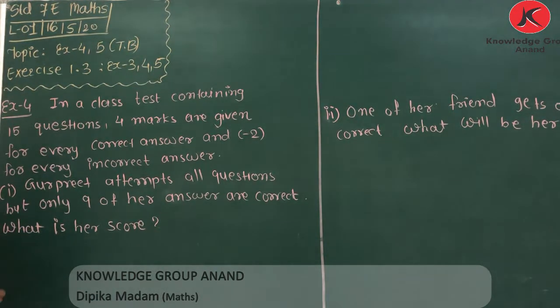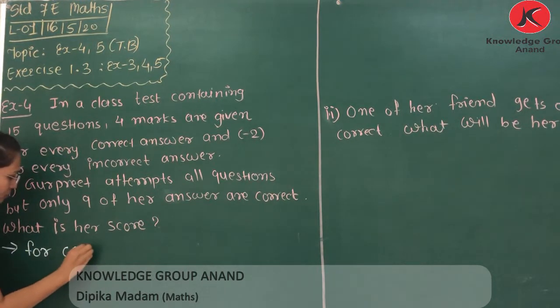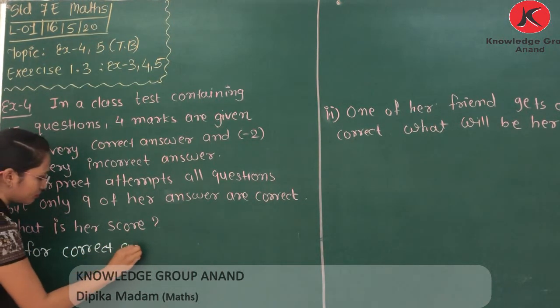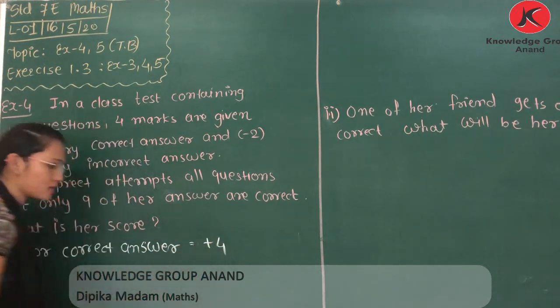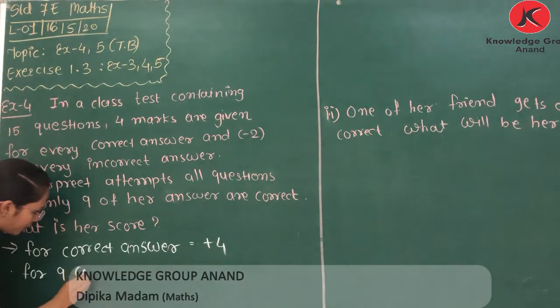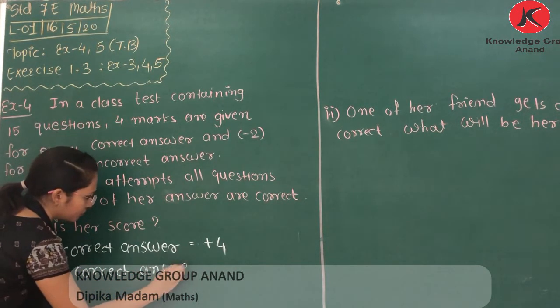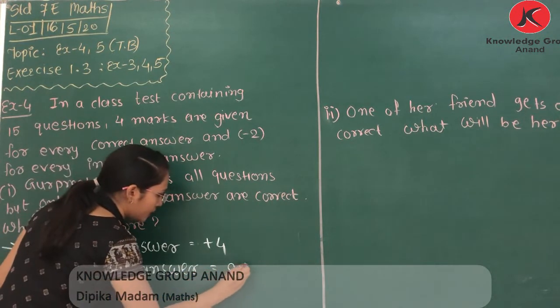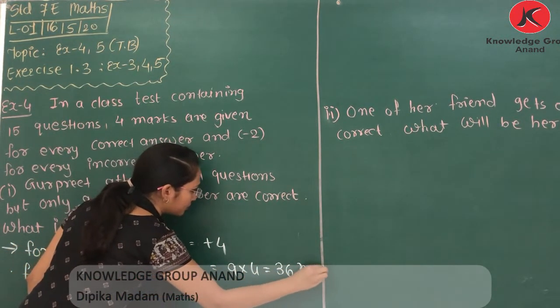Okay, so we can write: for a correct answer, plus 4 marks. So for 9 correct answers, 9 into 4, 36 marks.